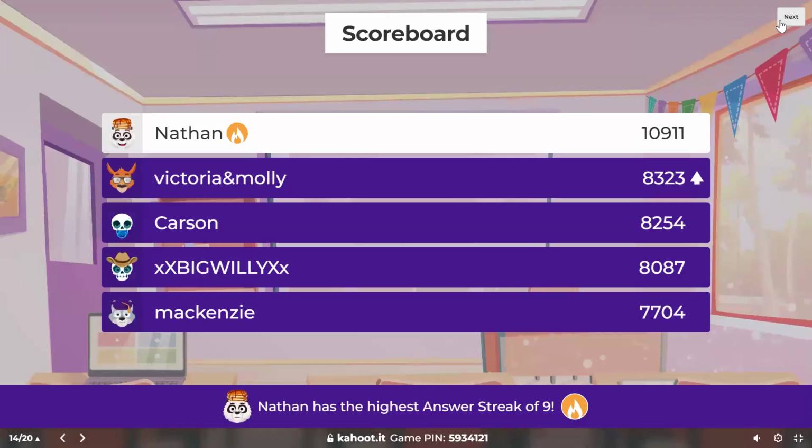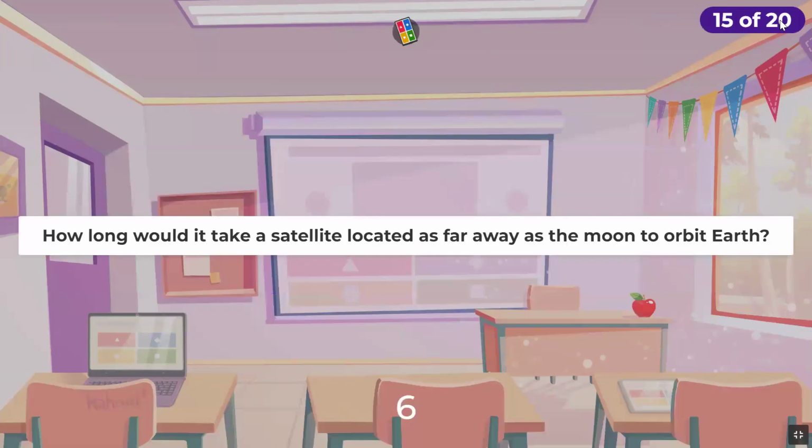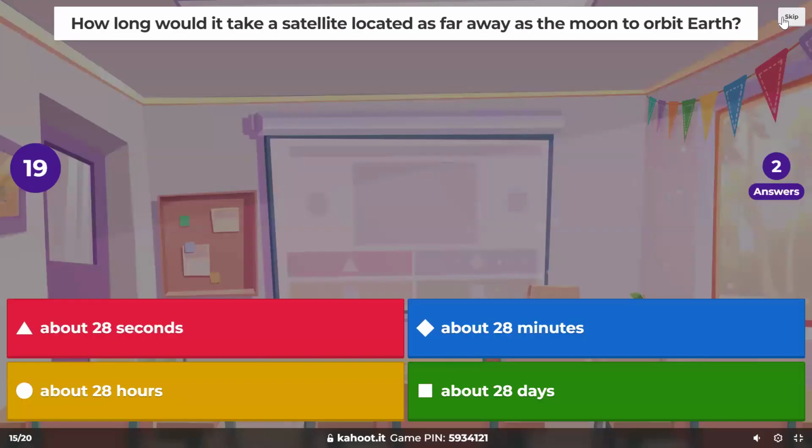Are you doing those equations? All right. Mackenzie, Big Willie, Carson, Victoria Molly, Nathan. How long would it take a satellite located as far away as the moon to orbit the Earth? Way out there by the moon, going around. How long is that going to take?